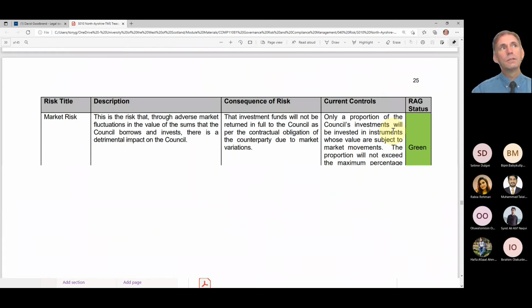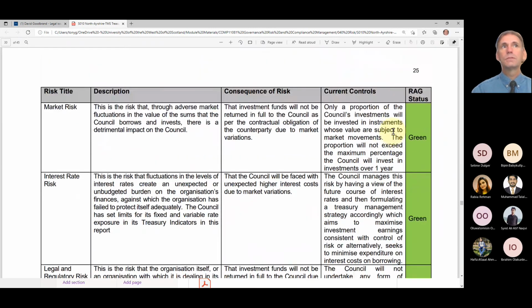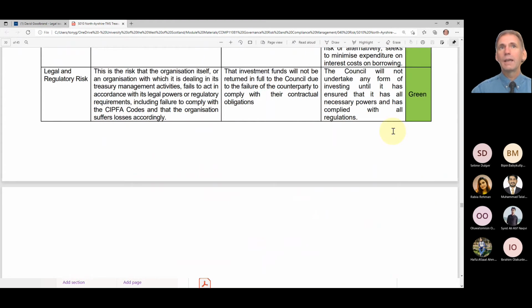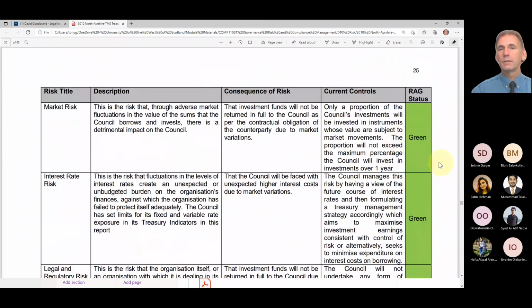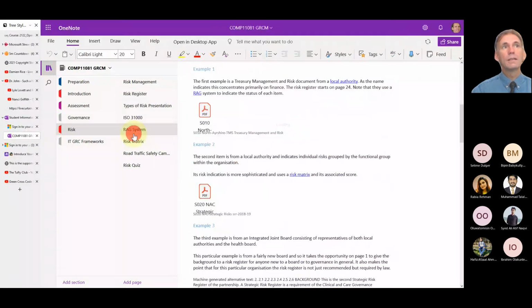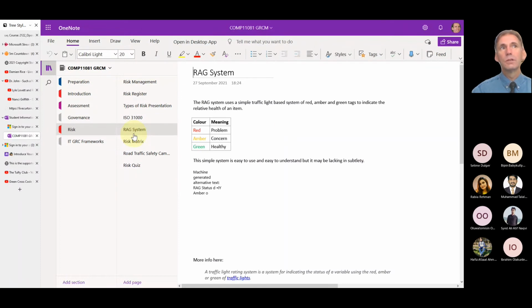So they've got items, what might happen and what they're doing about it, and a quick overview of whether they think it's a big problem or not. So that's the RAG system that they're using: red, amber, green, to decide whether or not they're okay with the risk status.